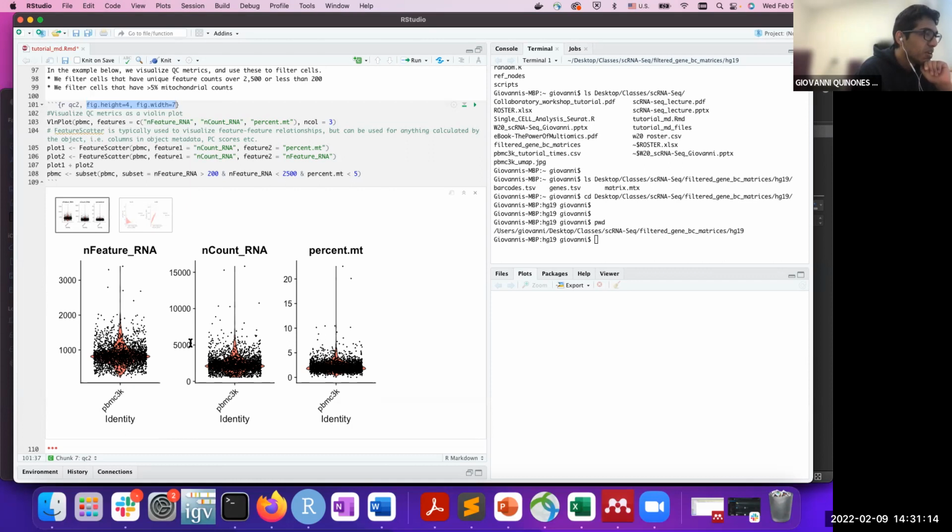So we can say most of our cells have somewhere between 0 to 5000 RNAs. And this we saw before in our histogram, but this is a different representation, the distribution of mitochondrial RNA. Here we can see that for the vast majority, this number will be somewhere between 0 to 5%.